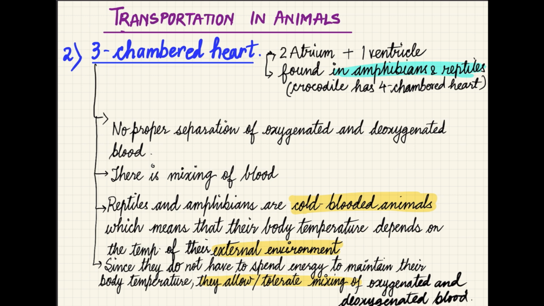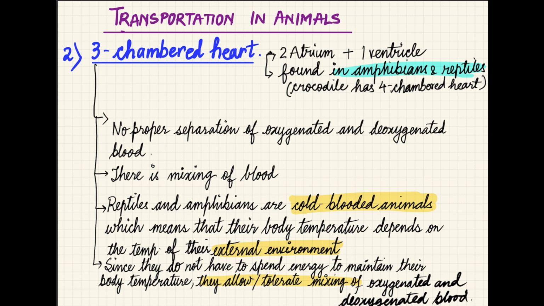So because they do not have to spend extra energy to maintain their internal body temperature, this little mixing of blood can be tolerated by amphibians and reptiles. Their energy needs are lesser as compared to mammals and birds, because they are cold-blooded.